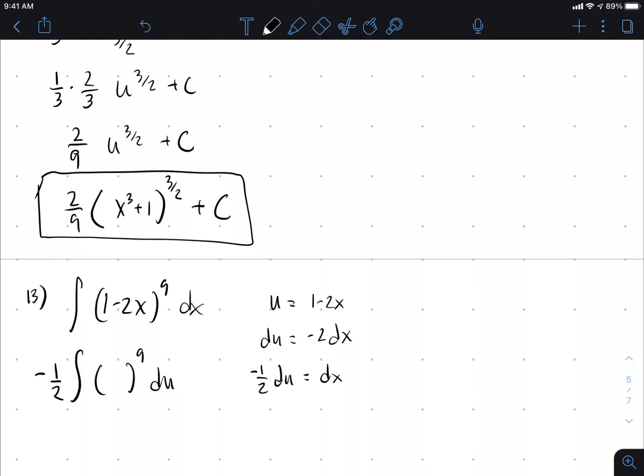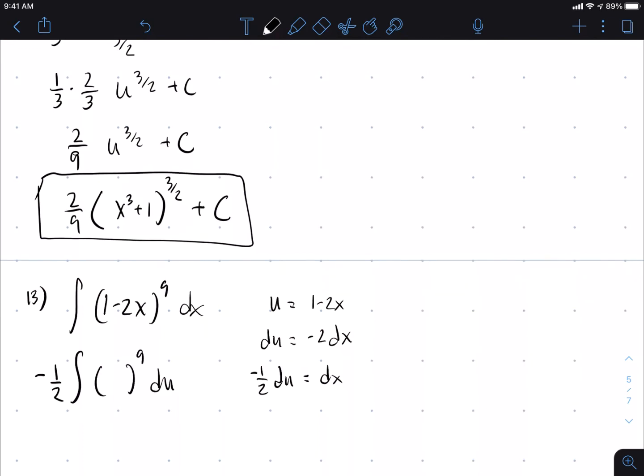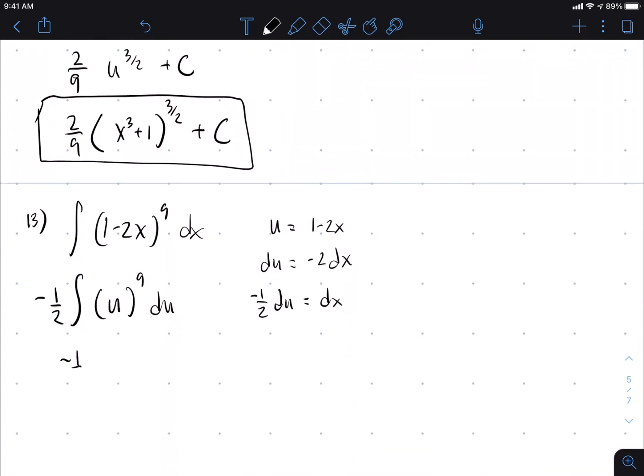What's inside the parentheses? What's it equal to? It's u, so it's equal to the 1 minus 2x. So this is u, correct? Yep. So my integral, if I clean it up, is going to be a negative 1/2 integral of u to the 9th du.